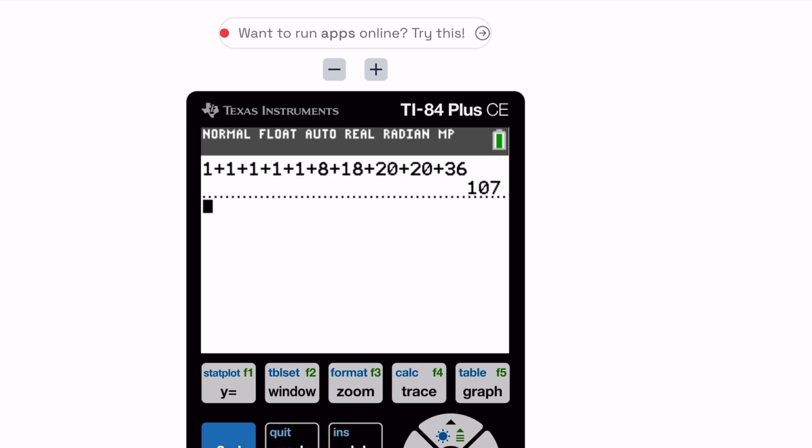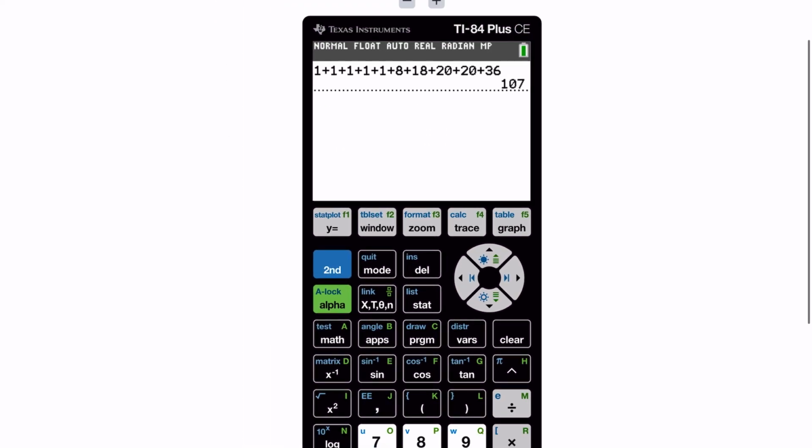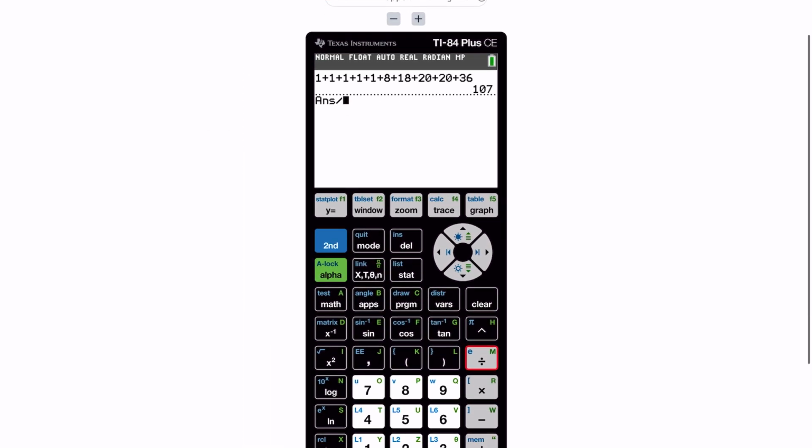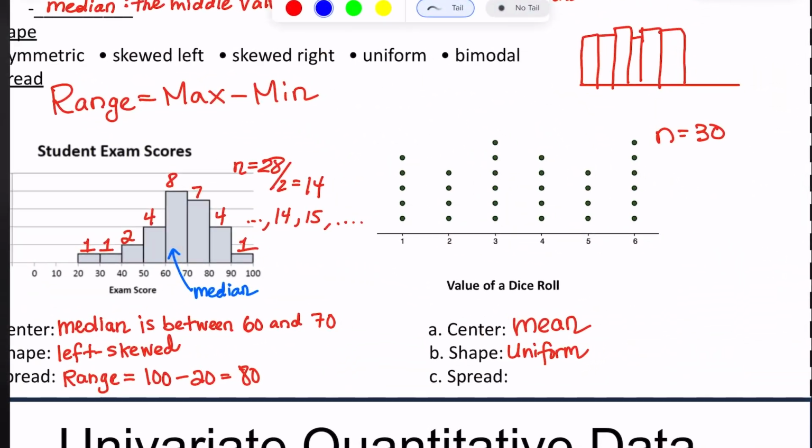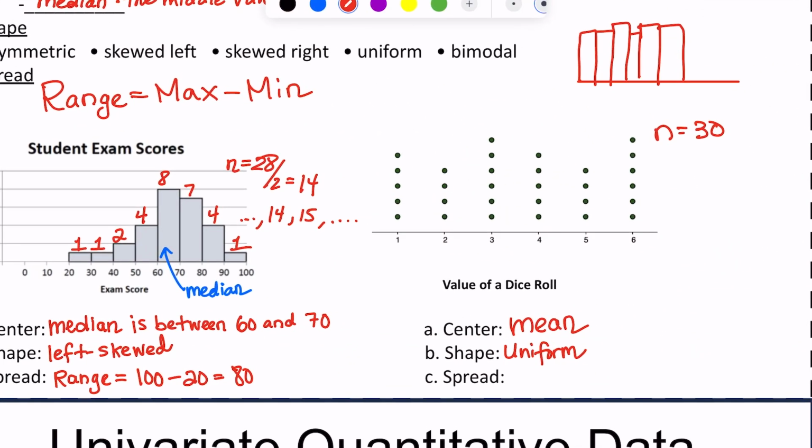To calculate the mean, I have to add all the numbers up and then divide by the total number of numbers, which we decided earlier was 30. So I take my 107 and divide it by 30, and I get 3.566666 repeating. So I'm going to round that to 3.6. So I have a mean of 3.6.